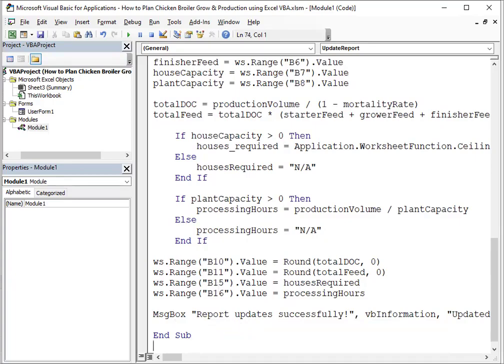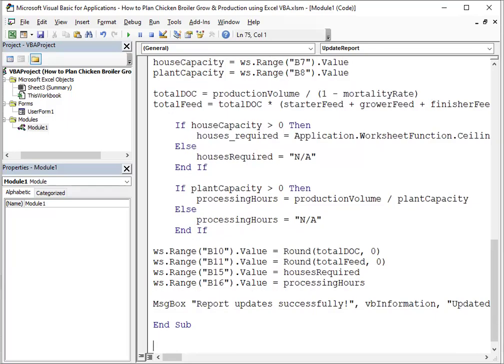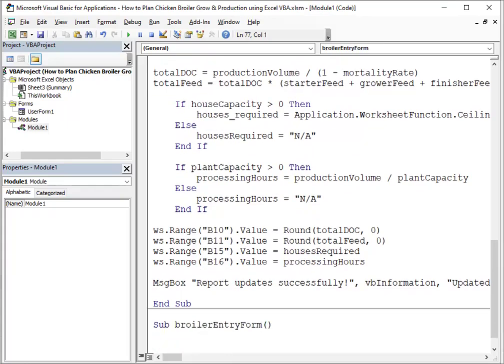What I'm going to do next is add a macro. Remember the entry form? We're going to put a macro in that entry form. So it's going to be Sub, I would say BroilerEntryForm. This is simple.